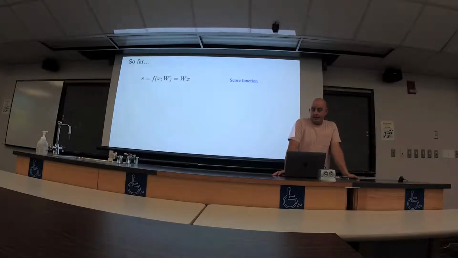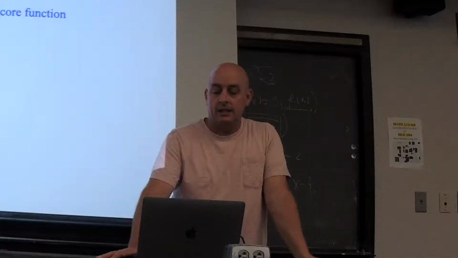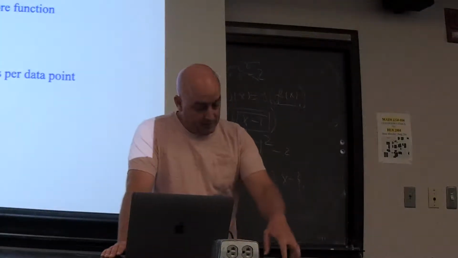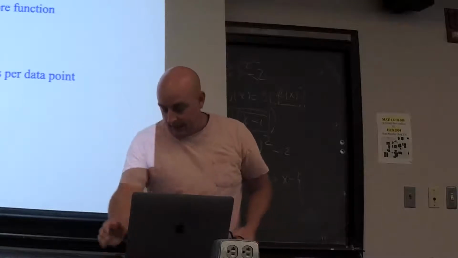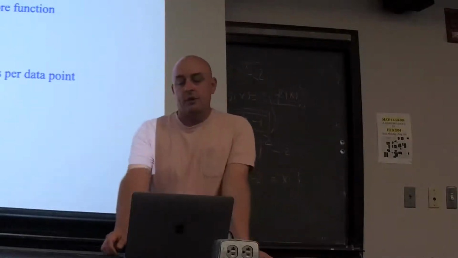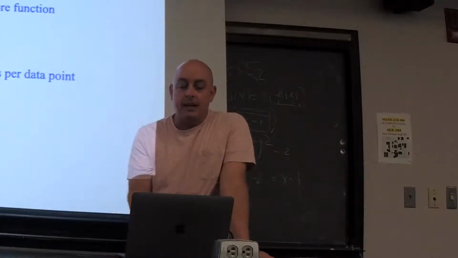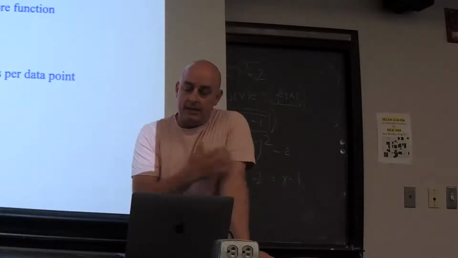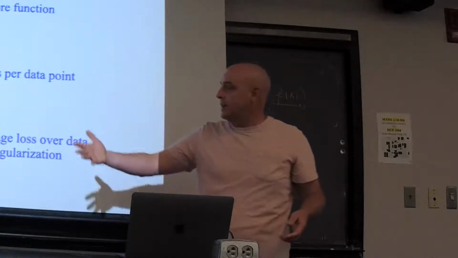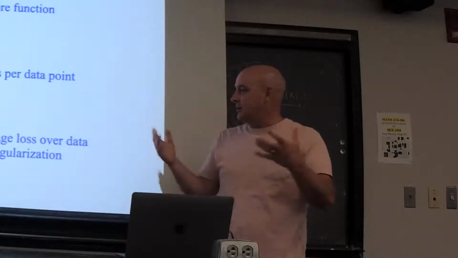Here we've used the example of a very simplified score function, just a linear function, and we've talked about how we set up the optimization. So we talked about losses and how we want to use them to indicate how well we're doing the task, and how we think about loss over our entire data set.